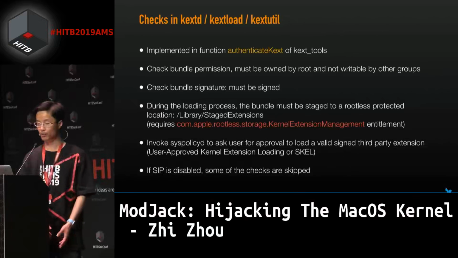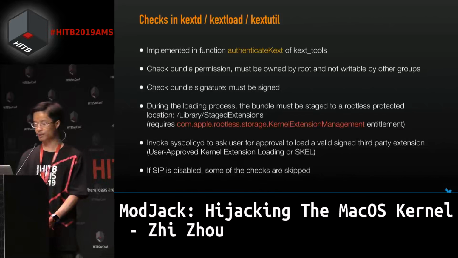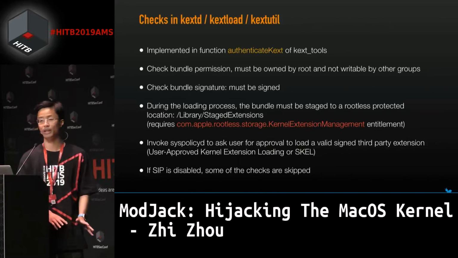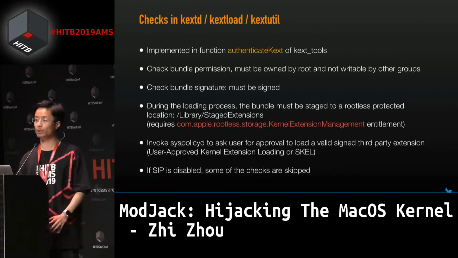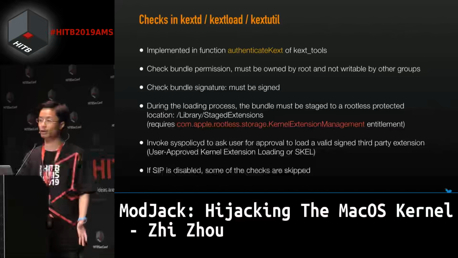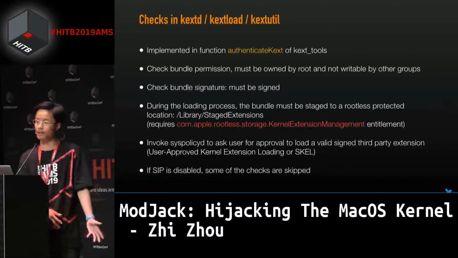It checks the signature: it must be signed with a valid certificate from Apple. And during the loading process, the bundle must be staged to a protected location. This is to ensure that after a kernel extension has been loaded, other processes, even with root privilege, cannot modify this driver.